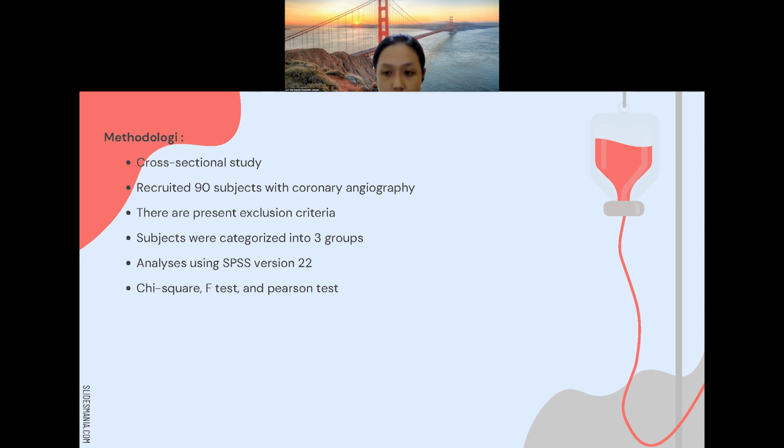After that, subjects were subdivided according to Gensini score. And all subjects were checked at the time of admission by history taking, clinical examination, laboratory investigation, and cardiac enzymes, troponin and CKMB.